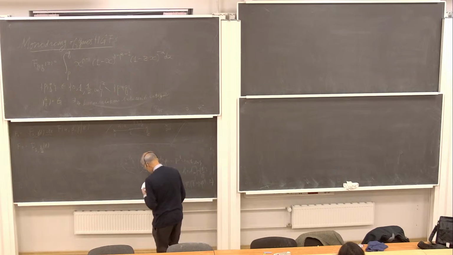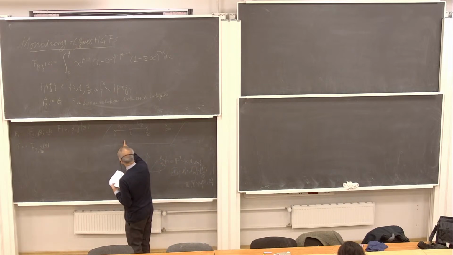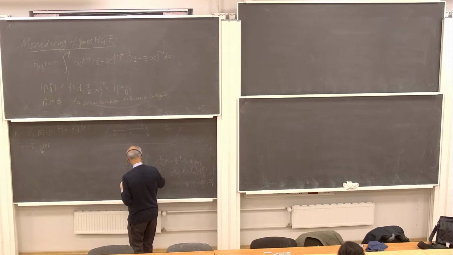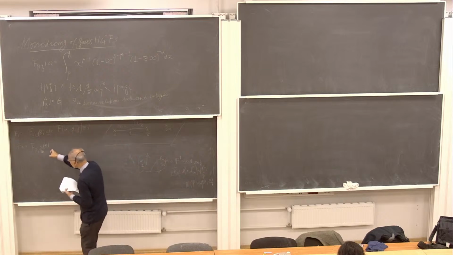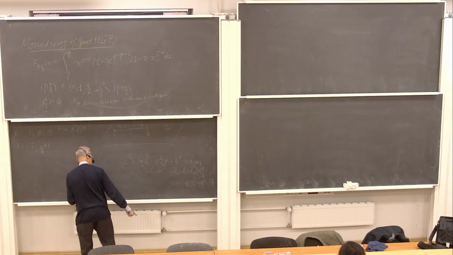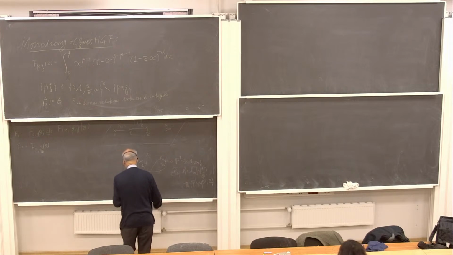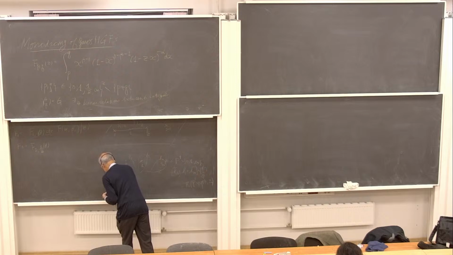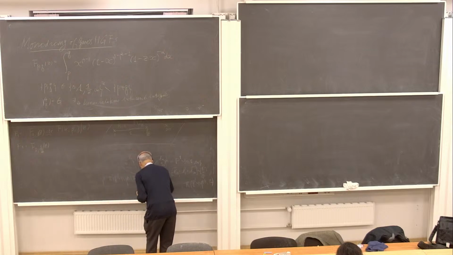So we associate to each branching point of this function Z on the space P1 minus 3 points, 3 matrices, pi1 to GL2C.